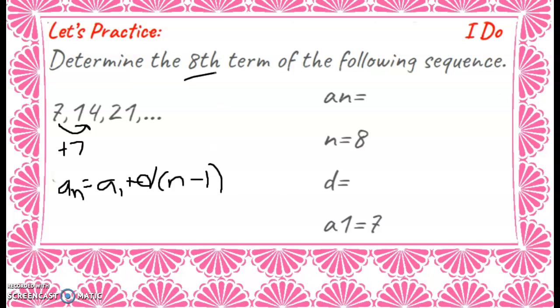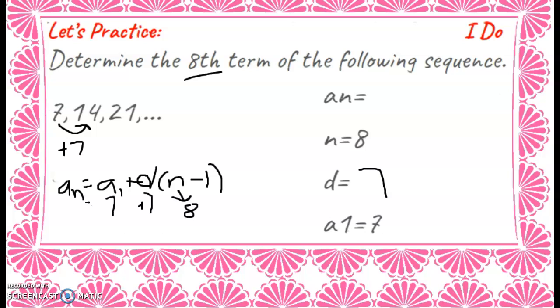It says the 8th term, so n equals 8. d is our common difference. We're adding 7 each time, so d would be a plus 7. a1 is our first term in the sequence, which is 7.